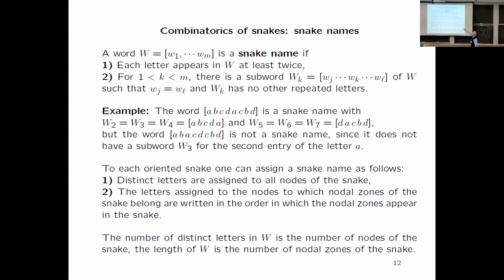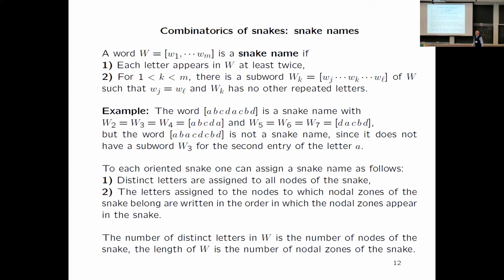Combinatorially, it means that for any k, for any place in this word W, there is a subword where the initial and the terminal letters are the same, and there are no other repeated letters.